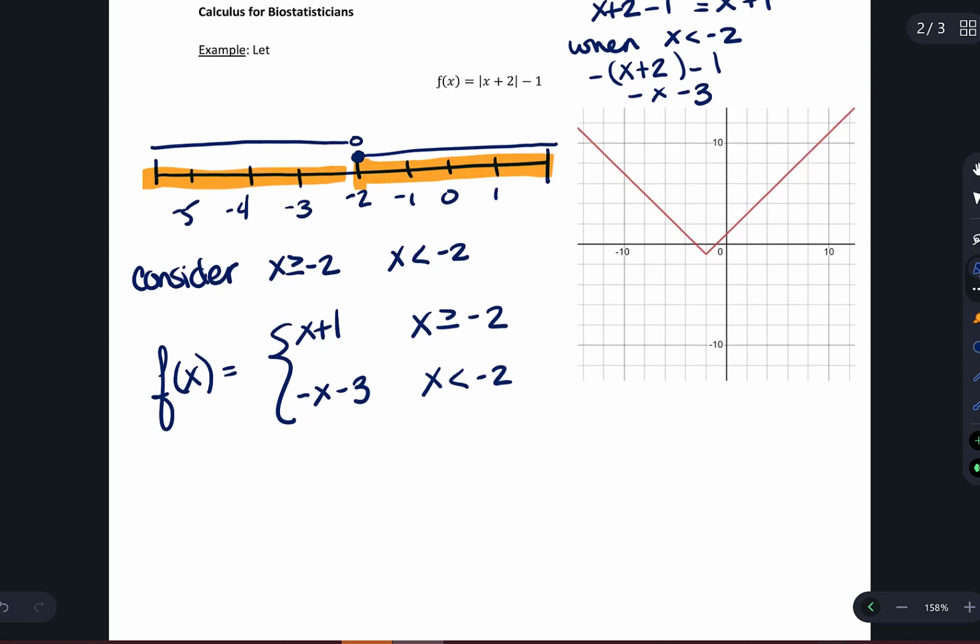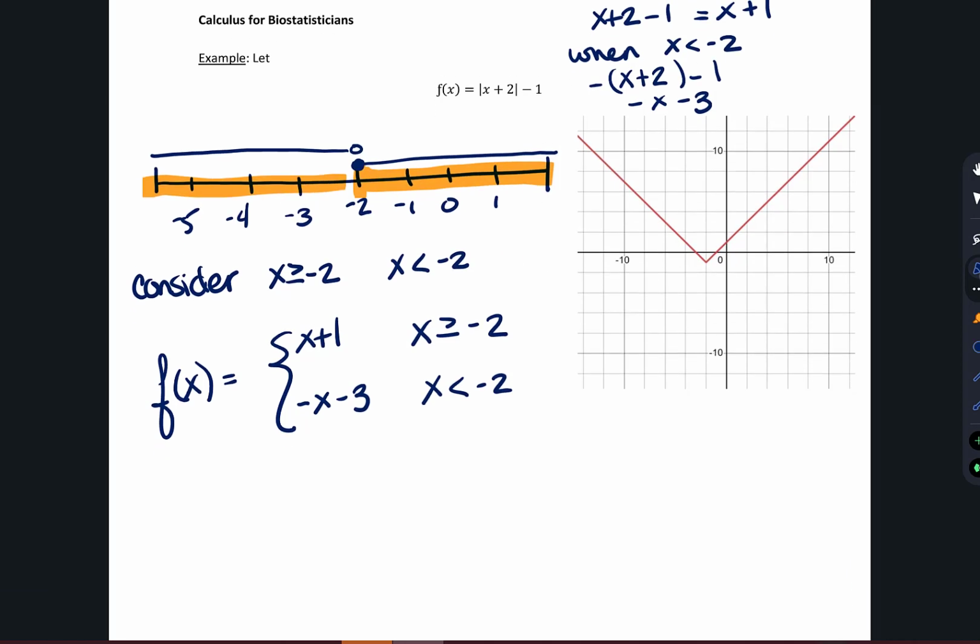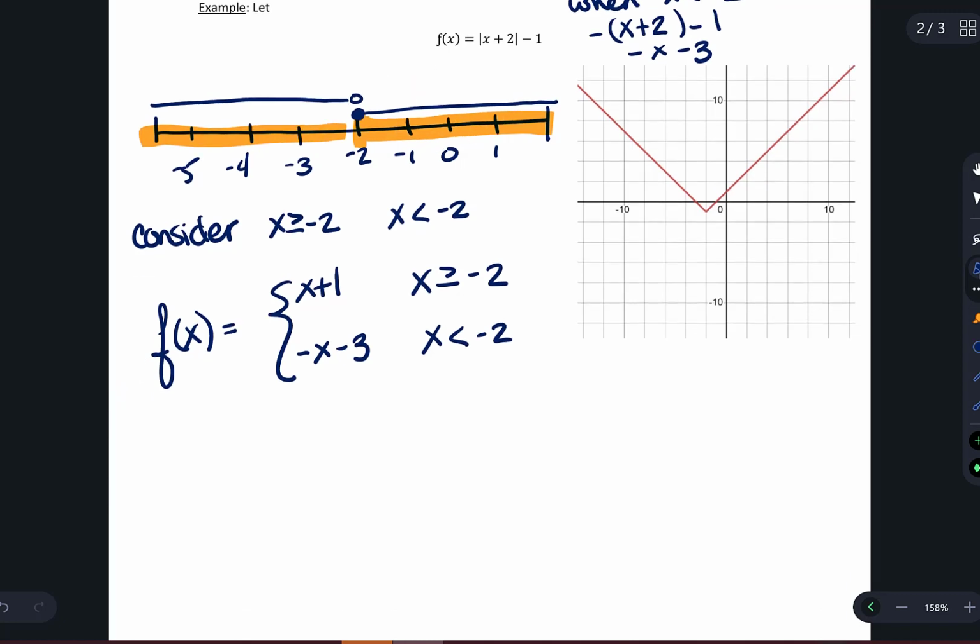And it's always a good idea to spot check to make sure that the f of x specified here with the absolute value and the f of x specified with the piecewise function produce the same values. Again, it's not a formal proof, but I like to spot check a couple values. So for example, let's let x be equal to 10.